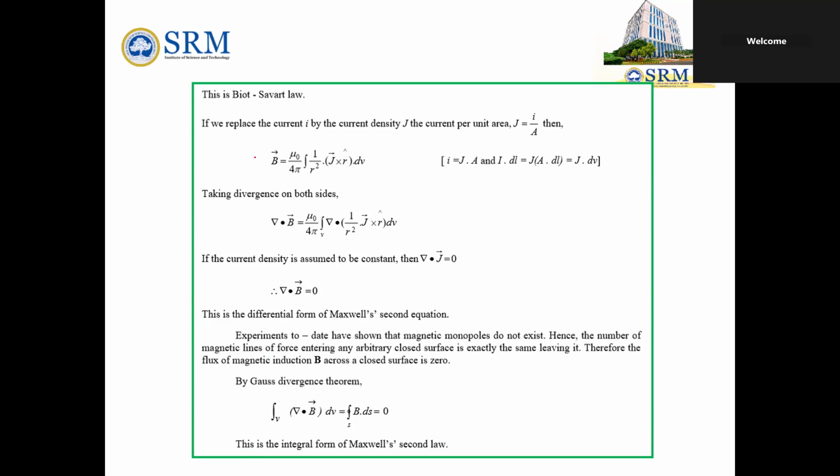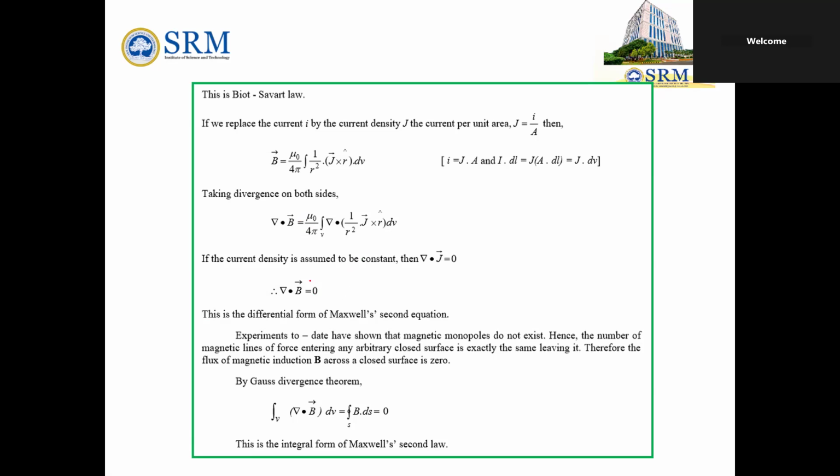Divergence means del. Del dot B is del dot mu naught by 4 pi, integral of 1 by r square, J vector cross r cap into dV. Now, there is no current. What happened? There is no current density. Current is 0, therefore current density is also 0.